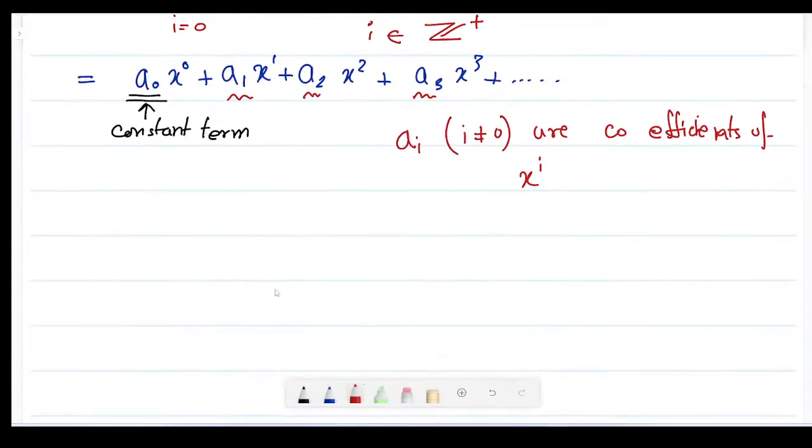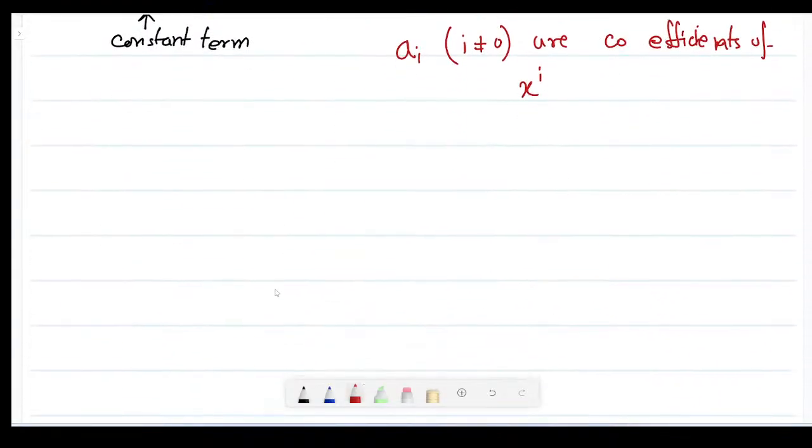Okay, so here are some polynomial examples. 1 plus x plus 2x to the power 2.